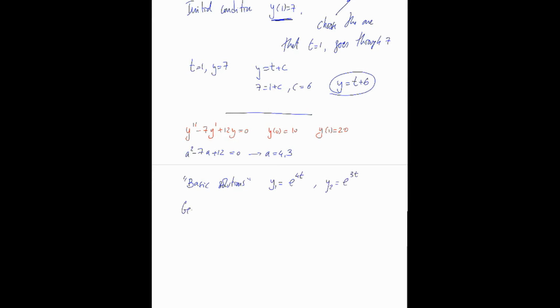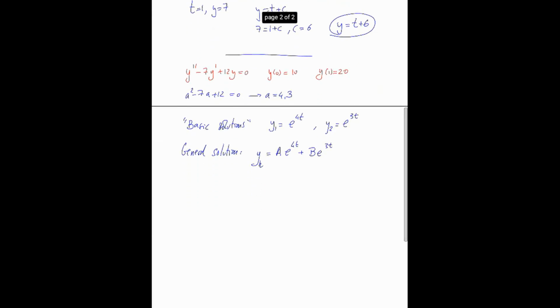The general solution of this equation is a combination of the basic solutions. So it will be yh, for homogeneous, a constant to be found times e to the 4t plus another constant times e to the 3t. Now, what we need to find the solution of this problem are the values of a and b.